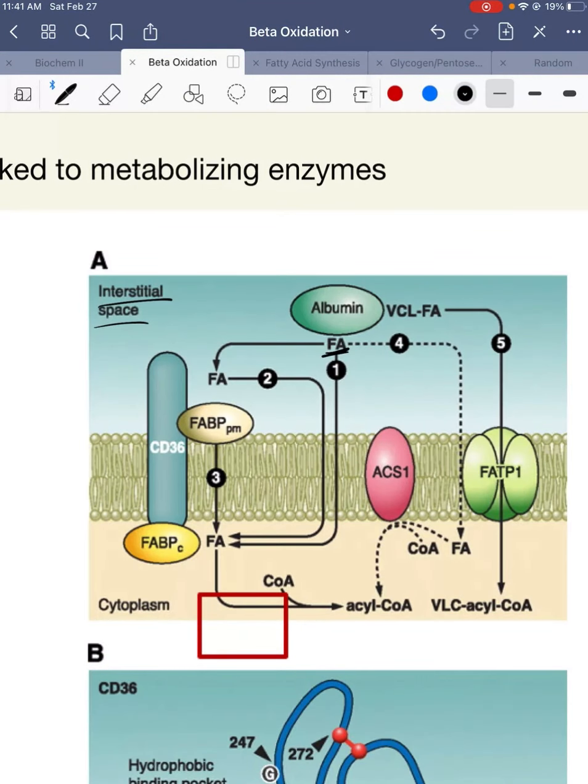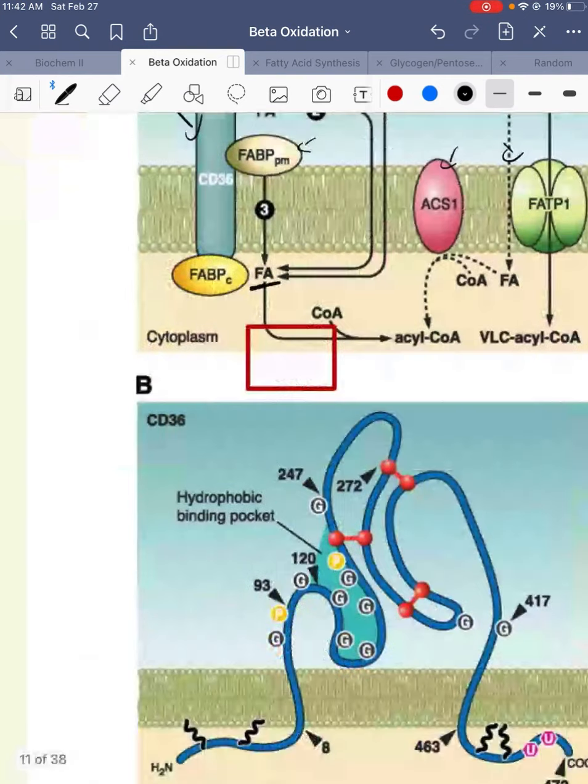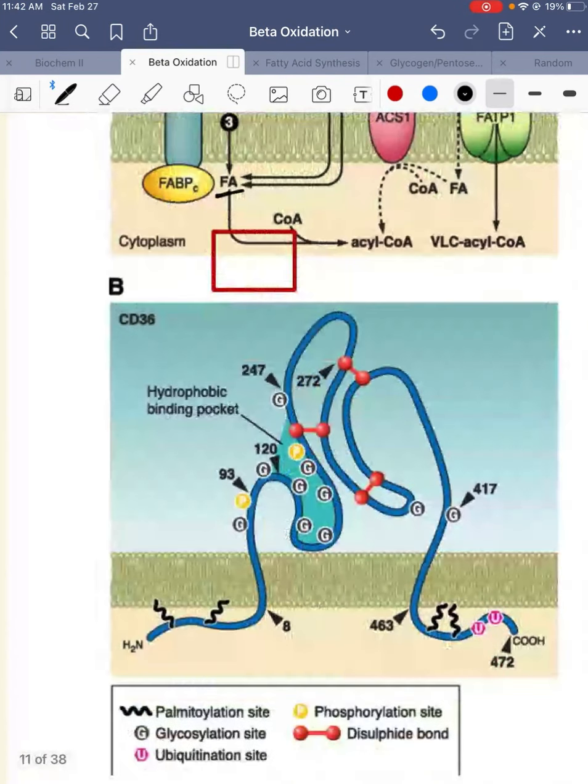The mechanism of this is more complicated than you guys need to know, but these are the different parts of proteins that can allow fatty acids to enter the cell. CD36 is one example, and they basically just use ATP to transfer fatty acids from the extracellular space into the cytoplasm. This is the structure of CD36.